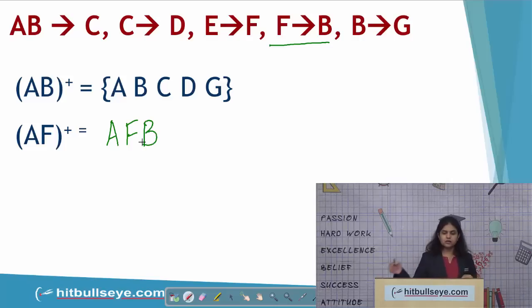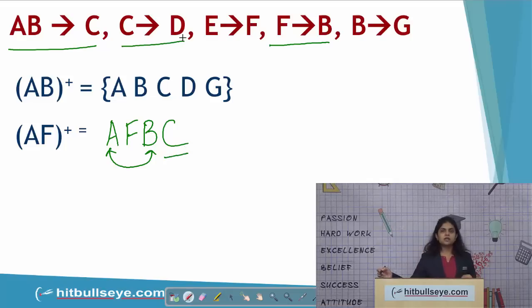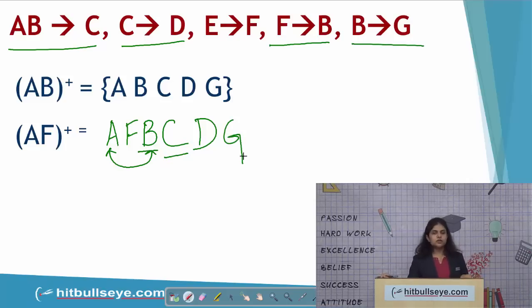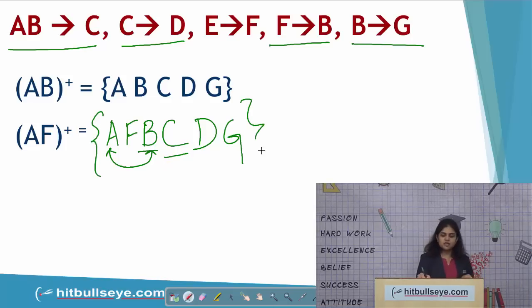So I add B. Now I have A and B, with which I can use this functional dependency to add C to my pool. From C, I can use this functional dependency to add D. From B, I can also add G. Is there anything which is left? No. So this is the final set of the attributes which are functionally determined by AF. So the closure of AF is A, B, C, D, F, G.